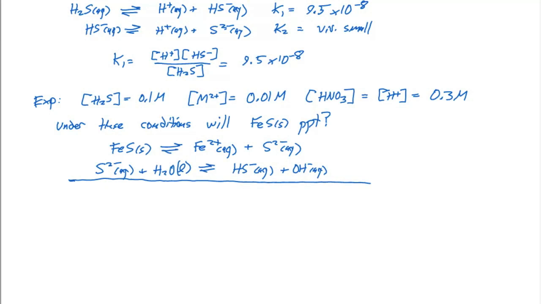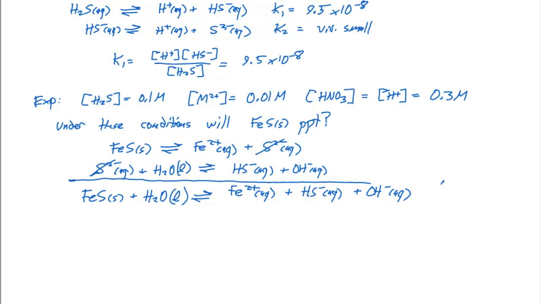The S2 minus is present on both sides of the equation, so our overall equilibrium we see is FeS as a solid plus water will be in equilibrium with Fe2 plus in aqueous solution plus HS minus in aqueous solution plus OH minus in aqueous solution.